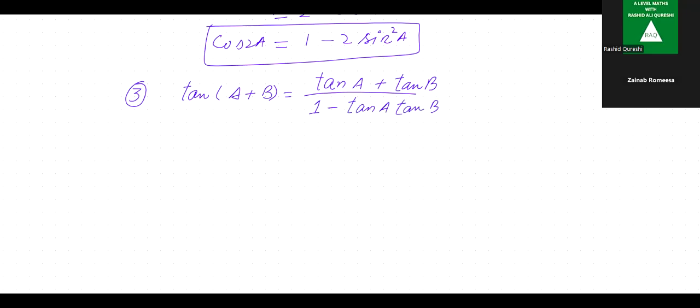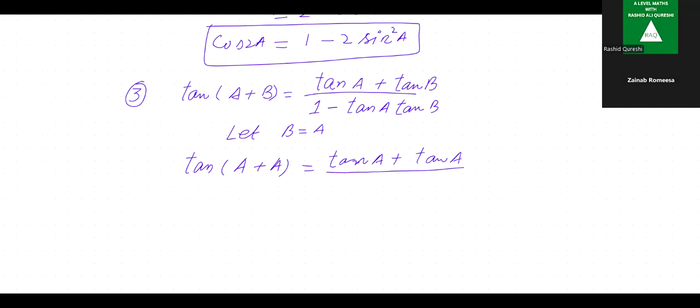Again, to make the formula, you have to replace B by A. So I will get tan of A plus A is equal to tan of A plus tan of A, divided by 1 minus tan of A into tan of A. So what will be the answer?